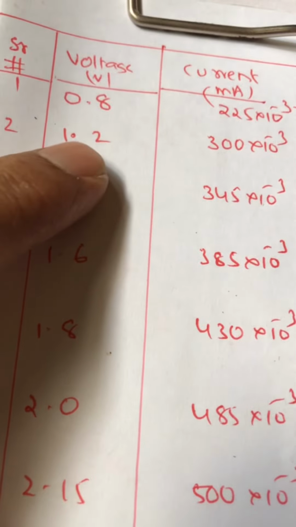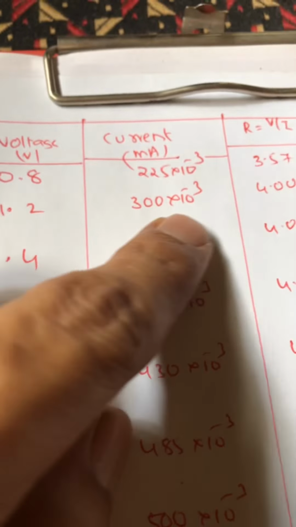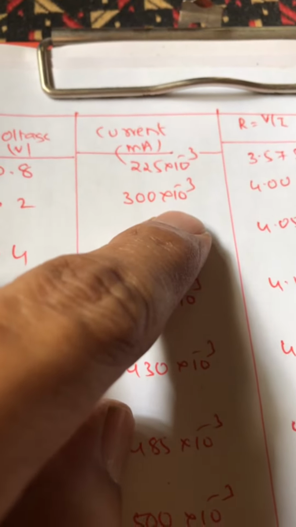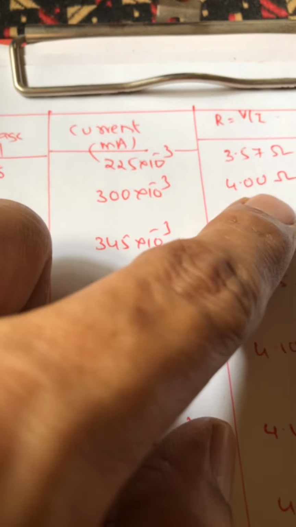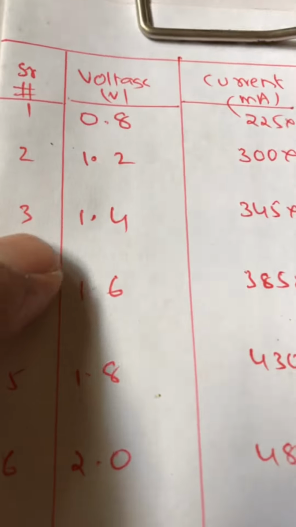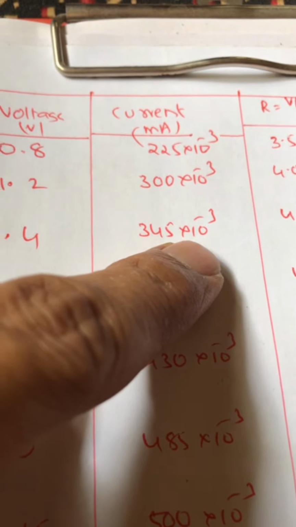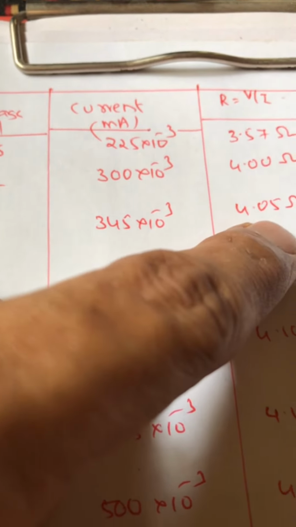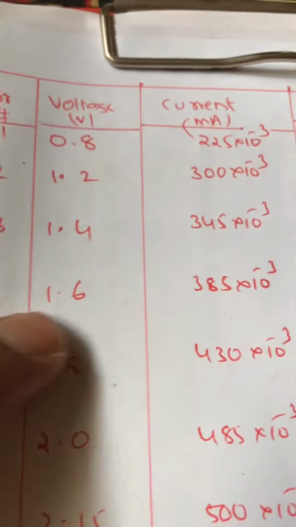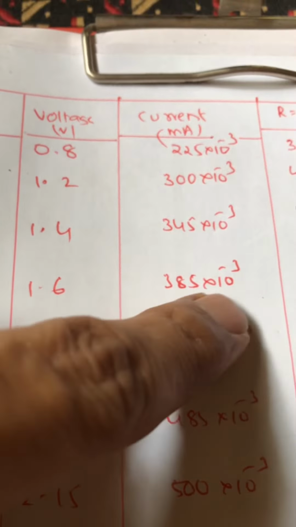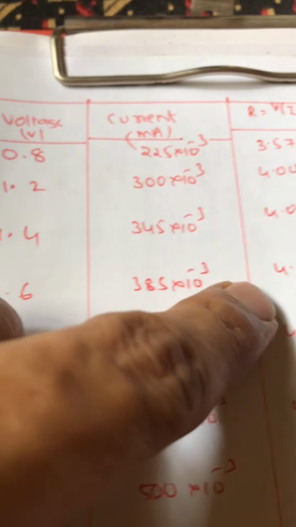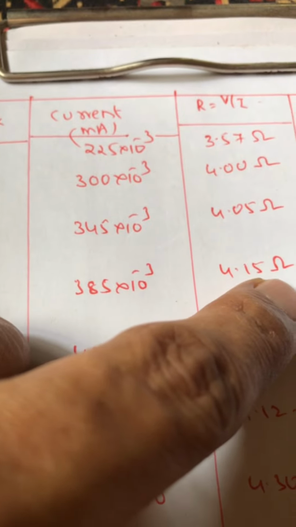Similarly, we take 1.2 volts, divide by 300 into 10 raised to minus 3, and we get 4 ohms. We take 1.4, divide by 345 into 10 raised to minus 3, we get 4.05 ohms. 1.6 upon 385 into 10 raised to minus 3, we get 4.15 ohms.